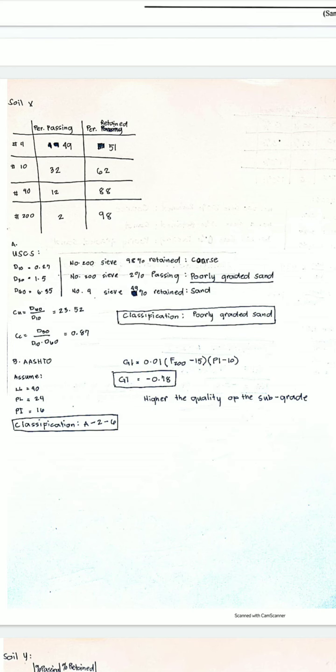So the GI of soil X is equal to negative 0.78, which implies a higher quality of subgrade.